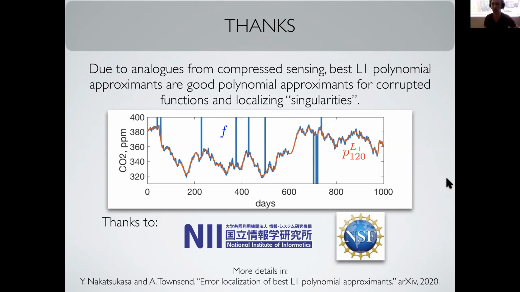Just like the equi-oscillation theorem for minimax, there's a characterization for best L1, and it involves Chebyshev polynomials of the second kind. So as we do that, we can check if we've already got the best, if we work in that basis. If you work in another basis, you could do everything, but you wouldn't have that characterization to fall back on. Okay, thanks.